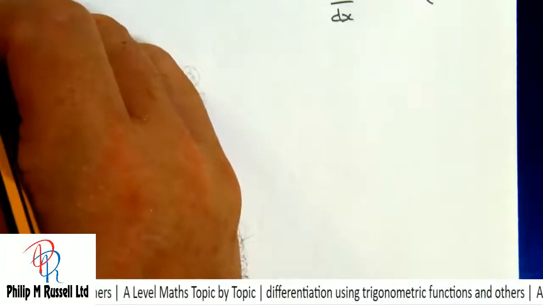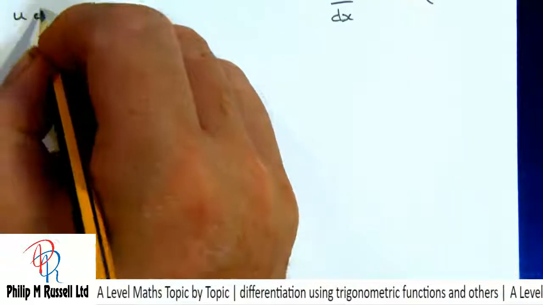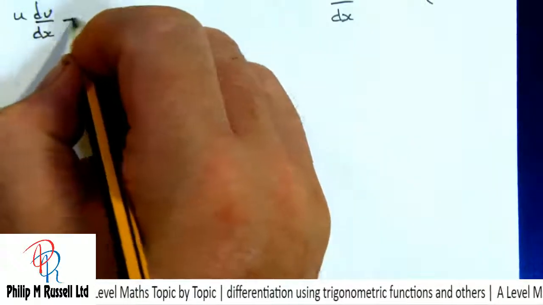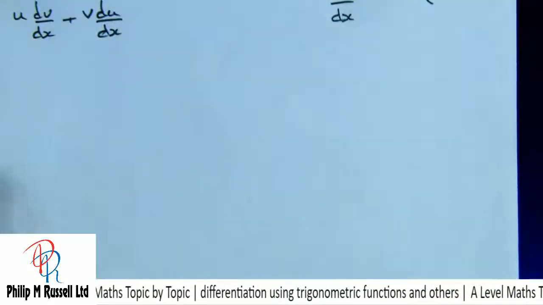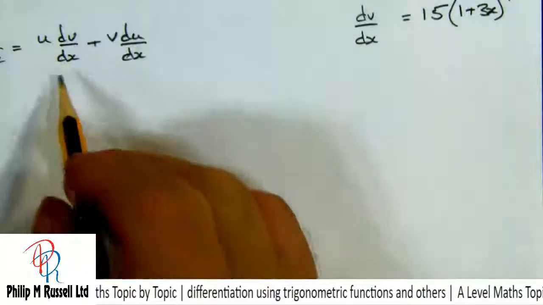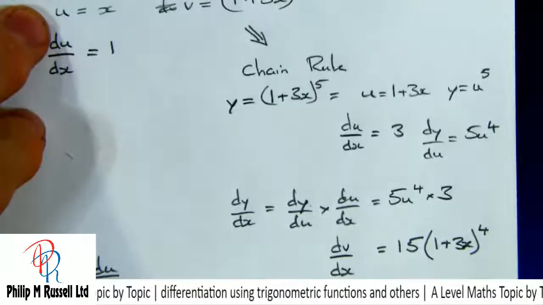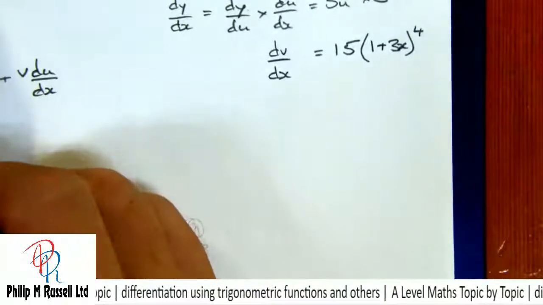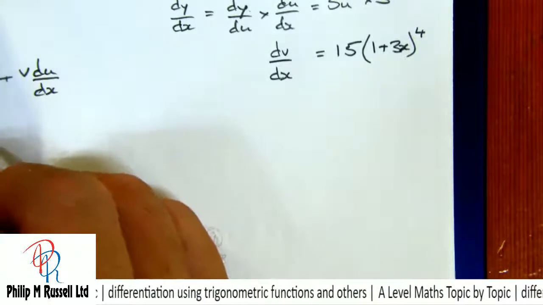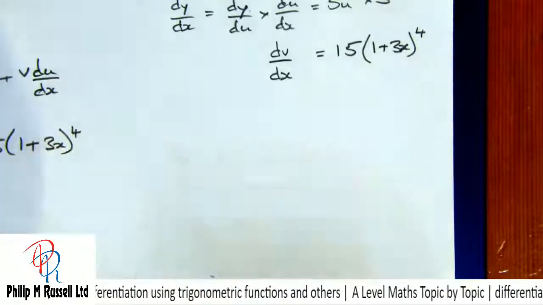My product rule is dy by dx equals u dv by dx plus v du by dx. So let's substitute in for all of these things. My u was x, my dv by dx I've worked out here, so it's x times 15 times 1 plus 3x to the 4.